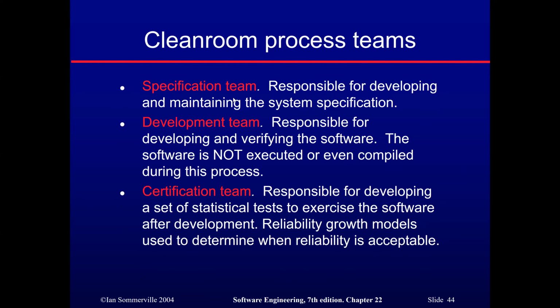So specification team specifies the software, development team develops and verifies the software, but without executing or even compiling the code, and certification team prepares statistical tests to see whether the system meets its requirements, plus what is its reliability.